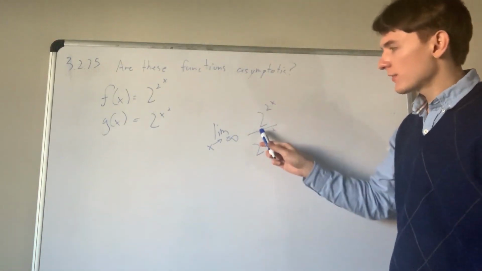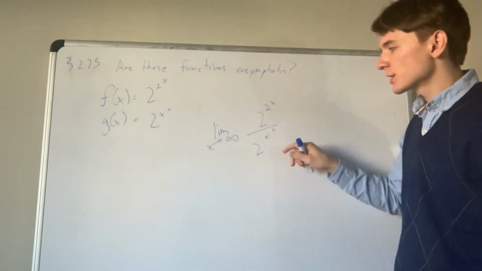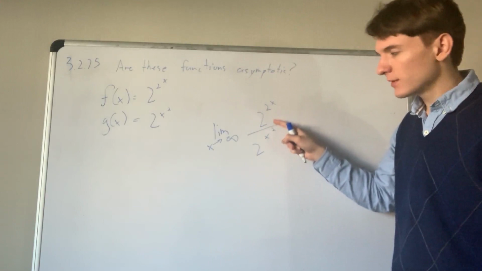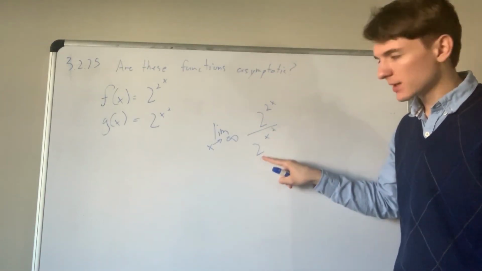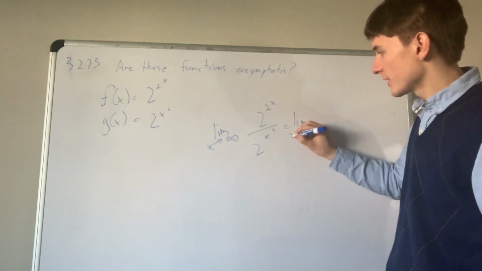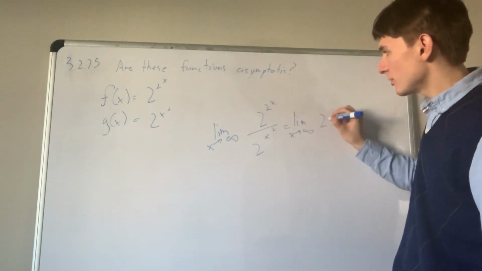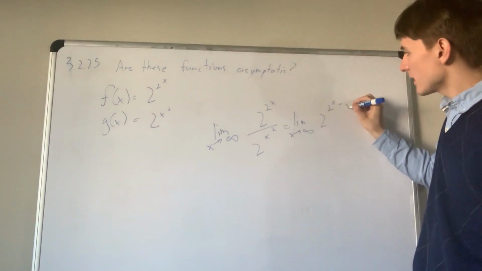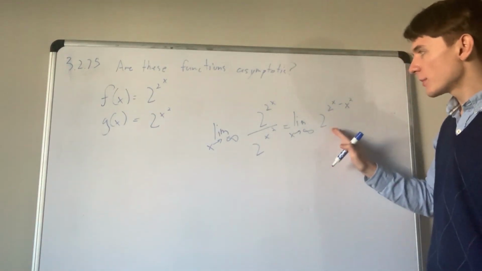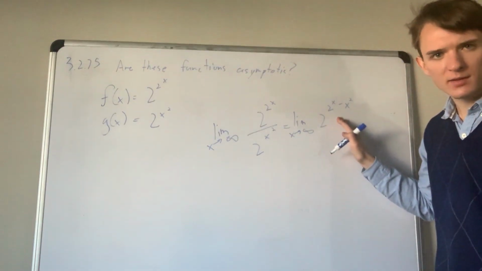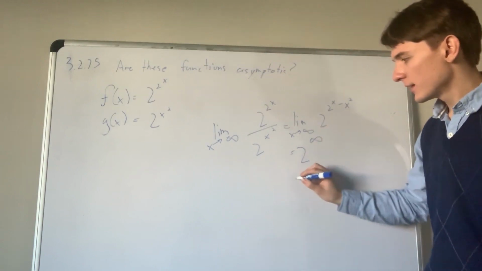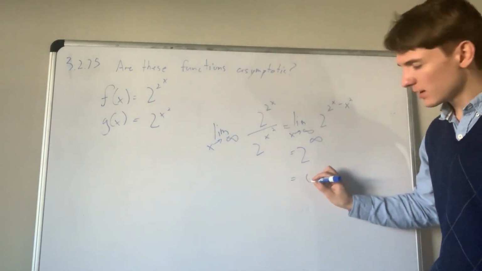Well, we see that we have an exponent, so we can just subtract the superscript of the first exponent from the superscript of the second exponent because they share a base. So this is the same as saying we have the limit of 2 to the power of x minus x squared. And then we see that we have 2 to the power of something that grows to infinity. That's the same as saying that we have 2 to the power of infinity, and that's just infinity, right?